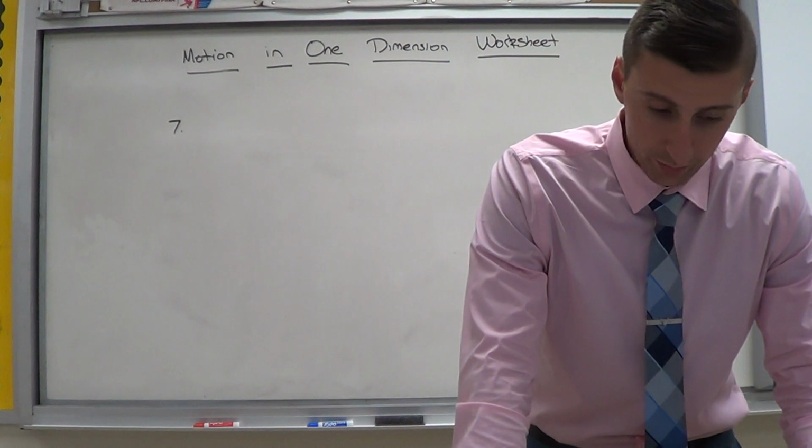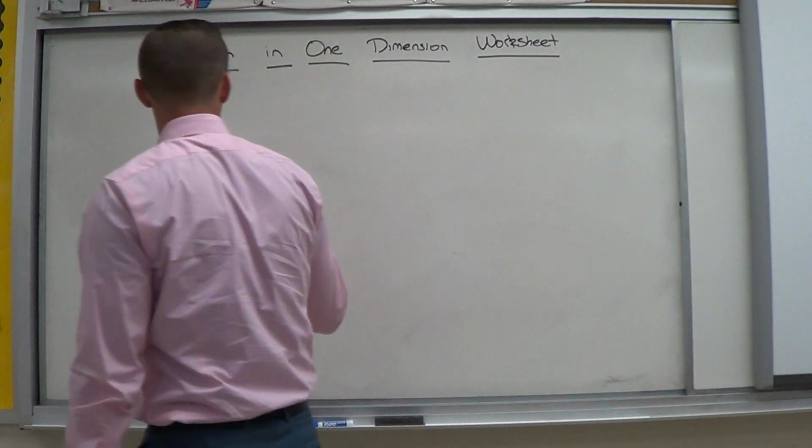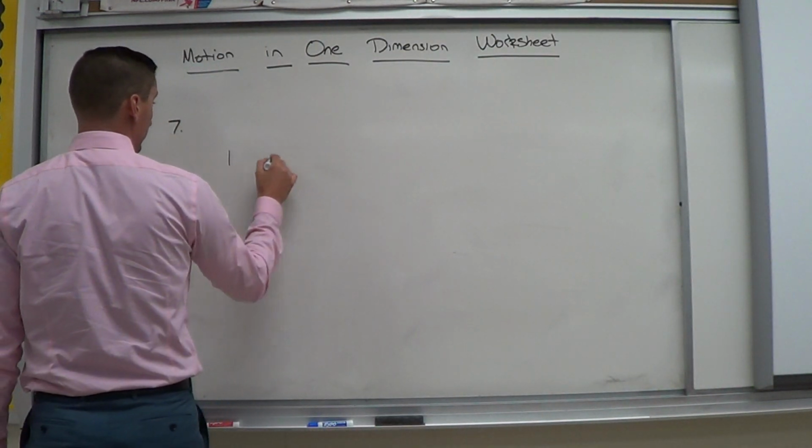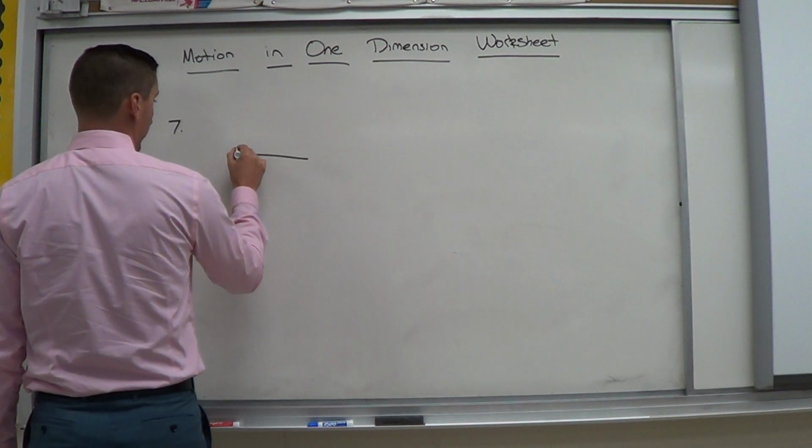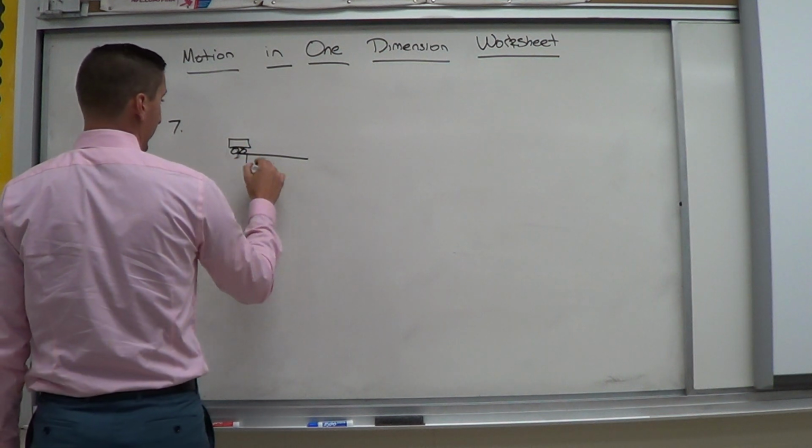So here's what we're going to do. We're going to imagine this. A car is going through an intersection. There's the intersection, the car's coming through it. It's 30 meters wide.